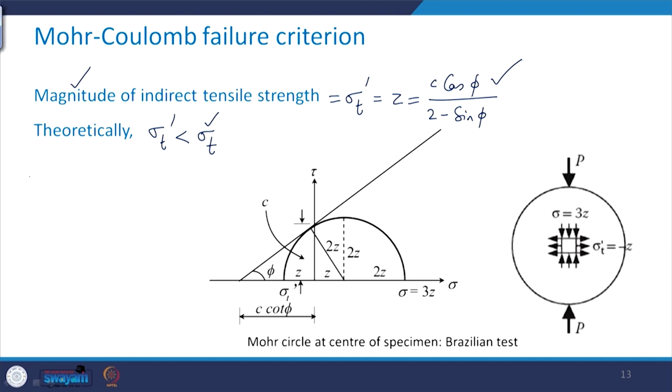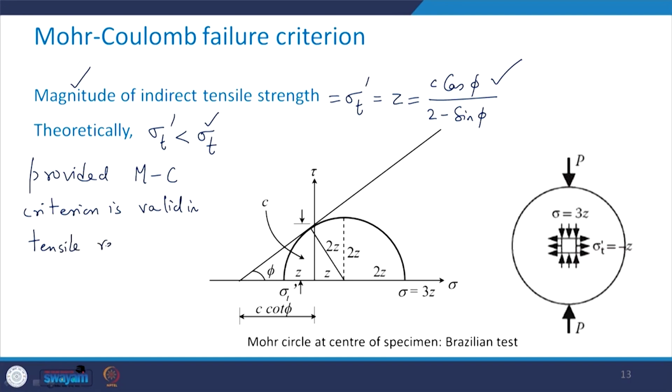Now this is theoretically true provided the Mohr-Coulomb criterion is valid in the tensile region as well. So we need to be careful about it, that the one which we are obtaining from the Brazilian test is less than the direct tensile strength of the rock.